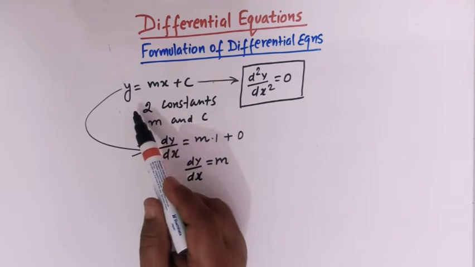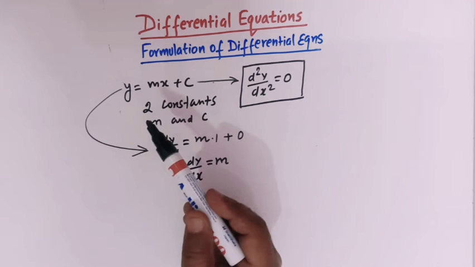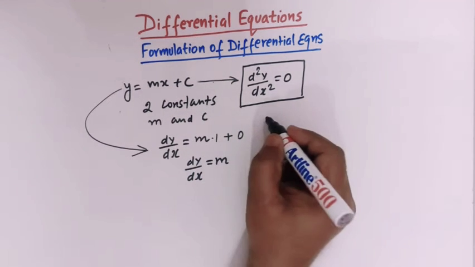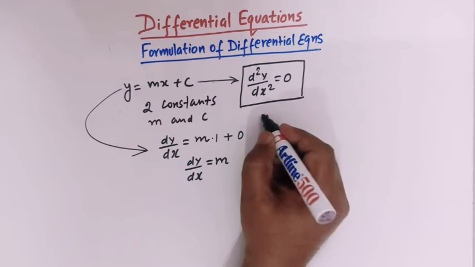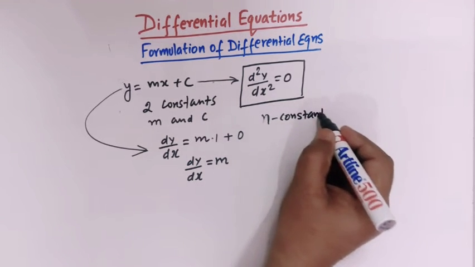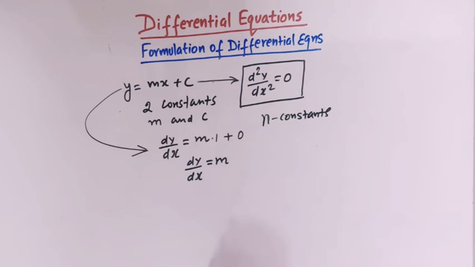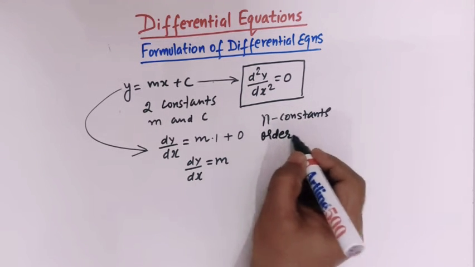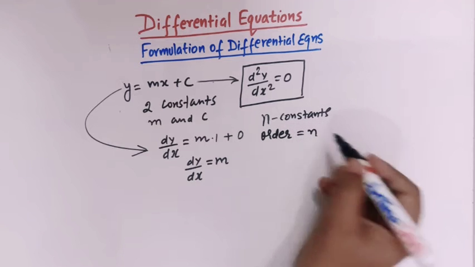So if the Cartesian equation or the general solution of a differential equation contains, say, n constants, then we have to differentiate the given general solution n times. So the order of the differential equation should be equal to n.